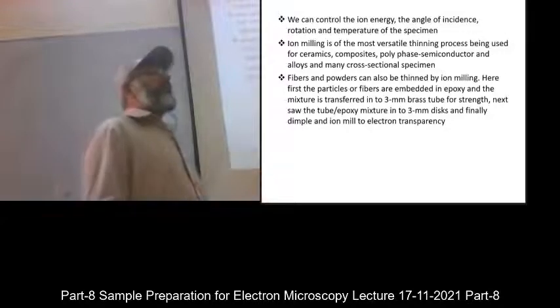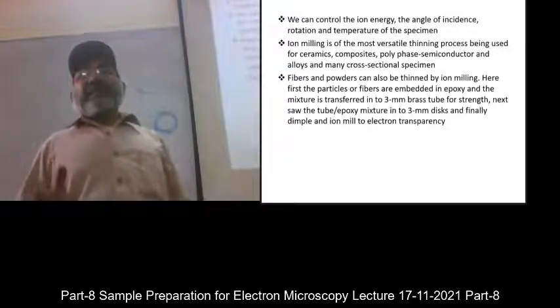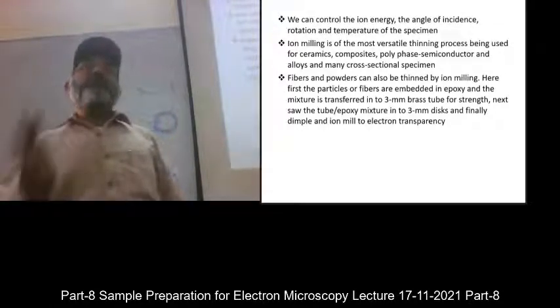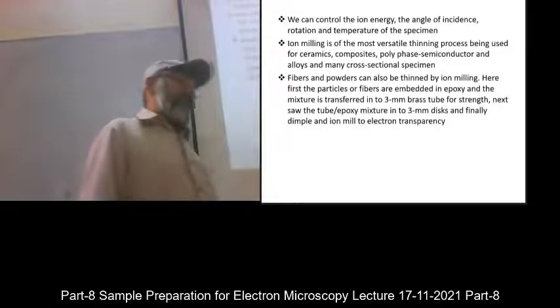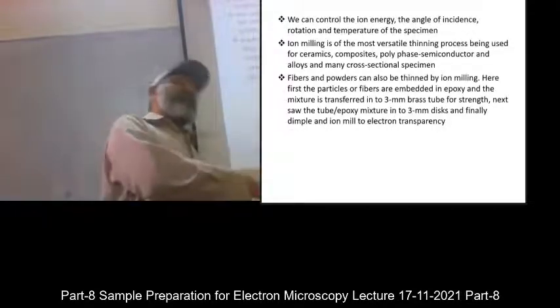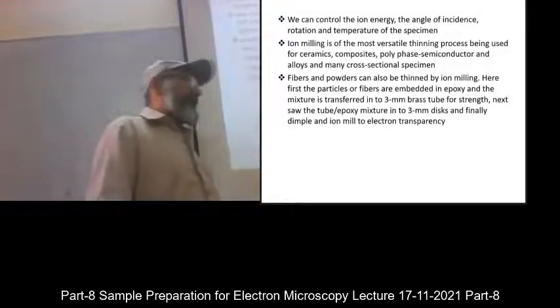Polycrystalline means you have multiple crystals inside the sample, but polyphasic means that you have different phases of crystalline material there. Some phases are amorphous, some are crystalline. You can call them polyphasic.